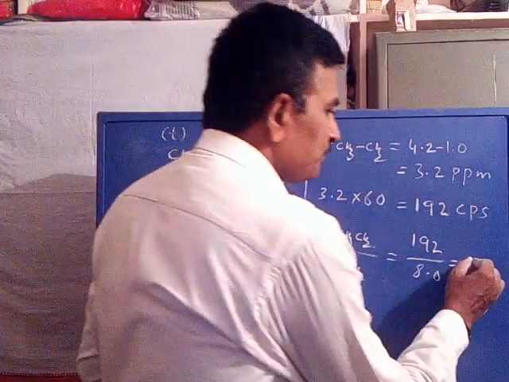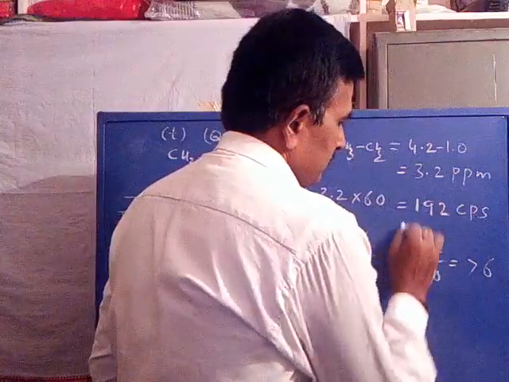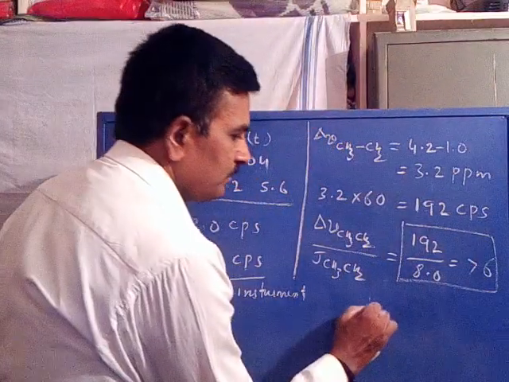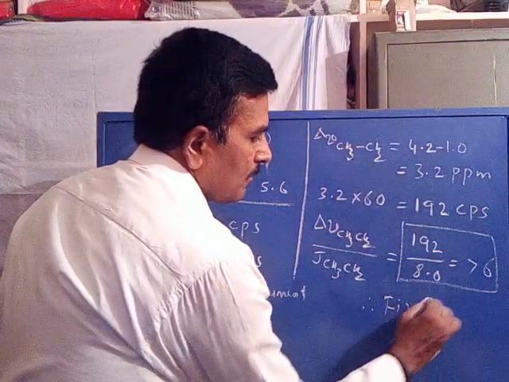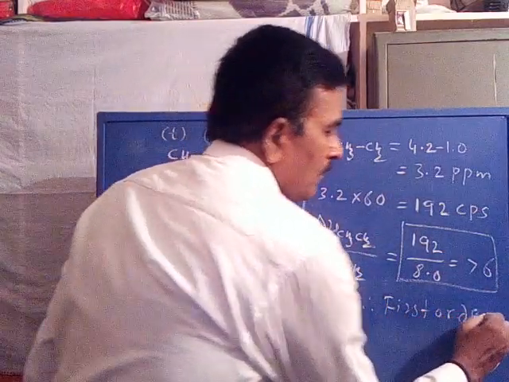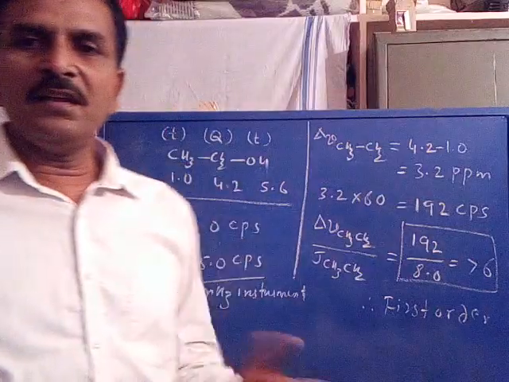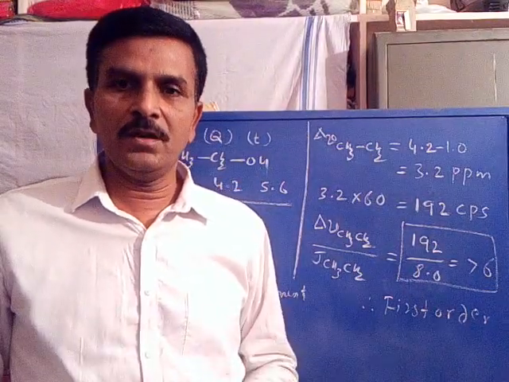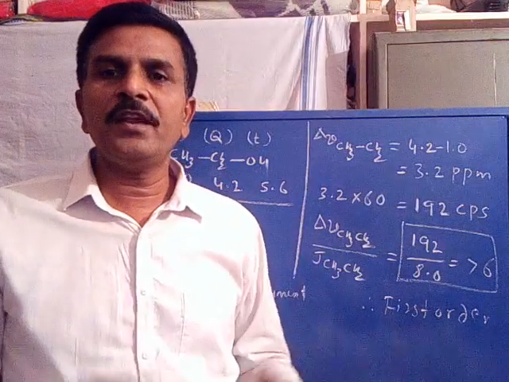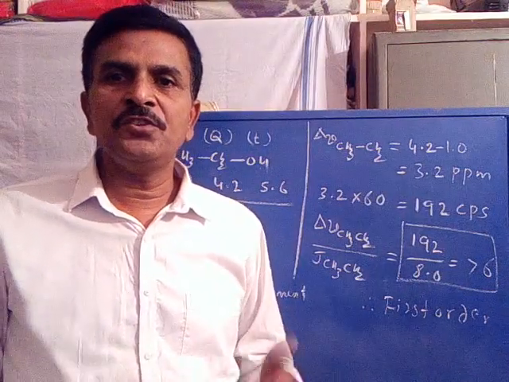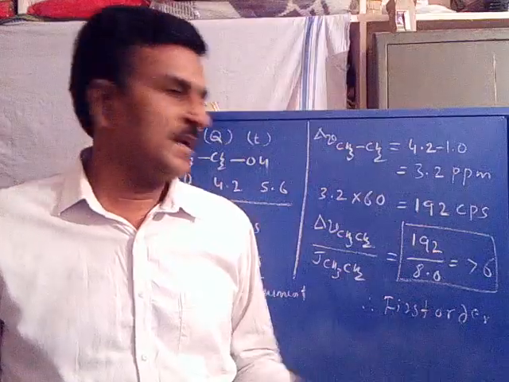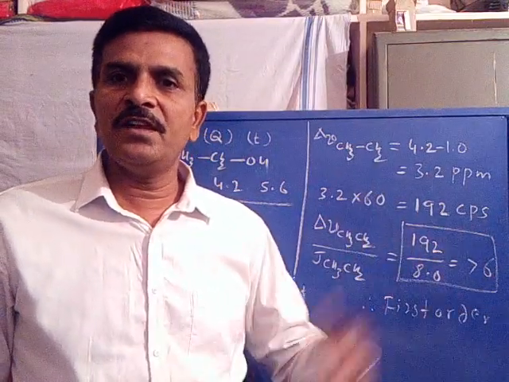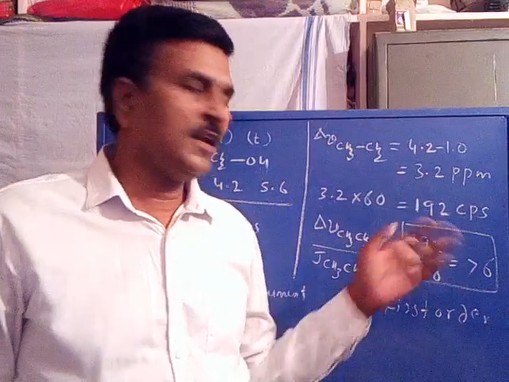So it becomes greater than 6. Therefore it is first order. So the spectrum of CH3CH2 in ethyl alcohol comes under first order, because its frequency difference ratio with respect to the coupling constant is greater than 6. When the value is greater than 6, it comes under first order.